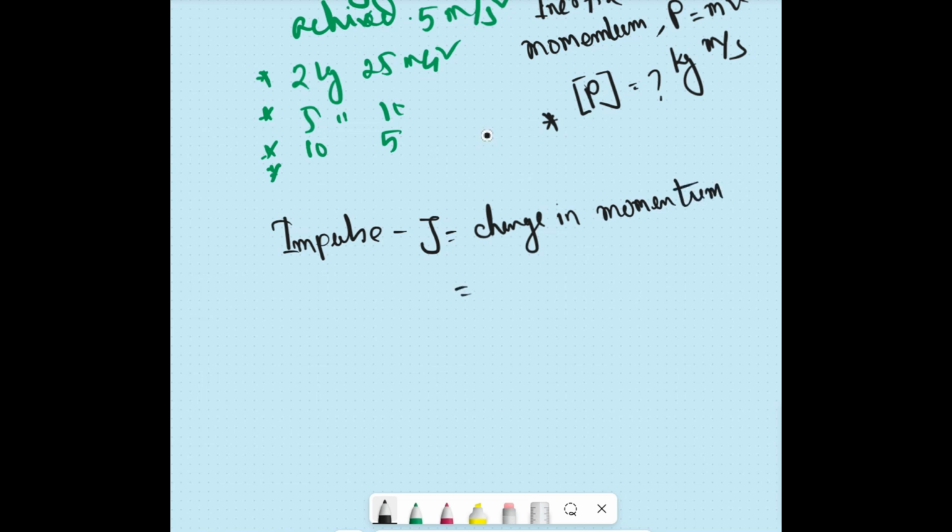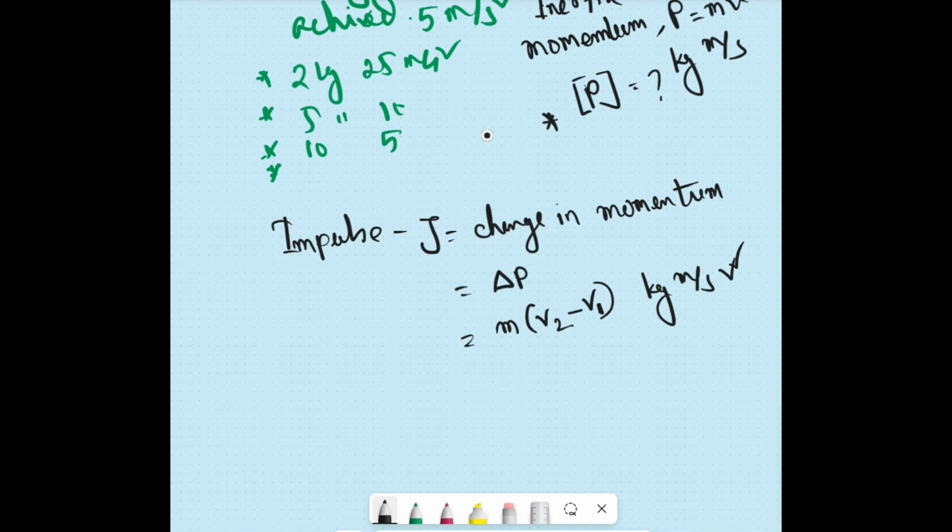So momentum is mv, so we could write m times v2 minus v1, right? And what is the unit for impulse? So this is kg meter per second. So the impulse and the momentum units would be the same.